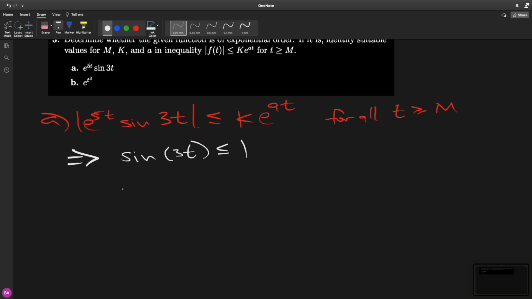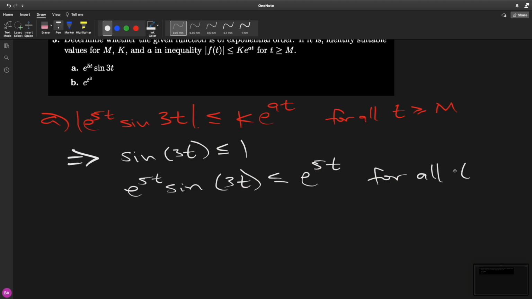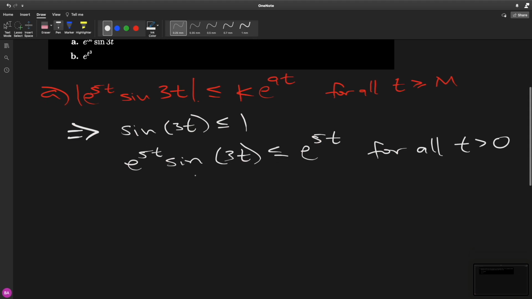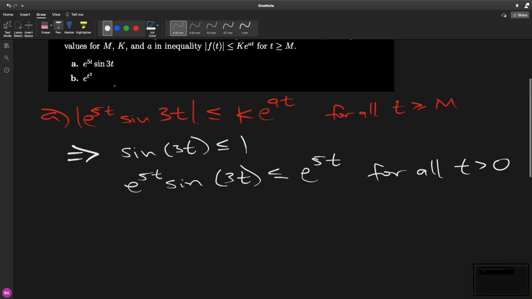So what that means is that e to the 5t sine 3t is less than or equal to e to the 5t. For all t, just to make it simple, we'll just consider all t greater than 0, but it should be true no matter what. From this fact, we can find some values m, k, and a.